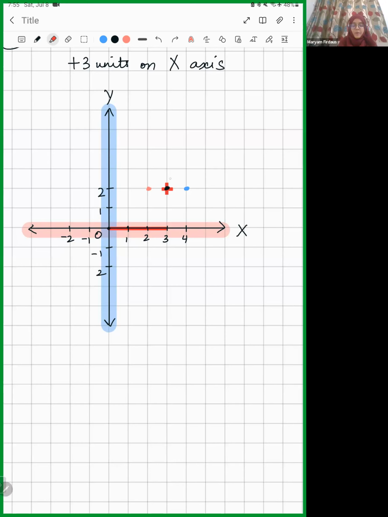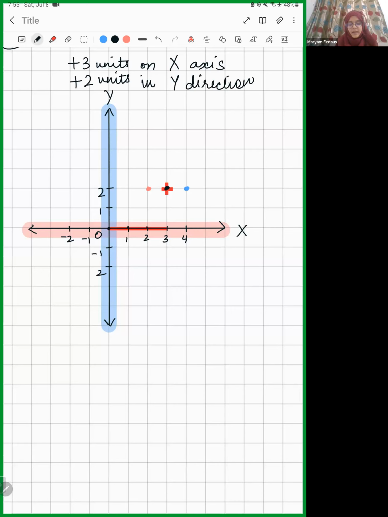Then remember, what do you have to reach? You have to reach your black dot. So now we have to walk 2 units in the y axis. We have to walk plus 2 units, not minus 2 units, along the positive y direction.